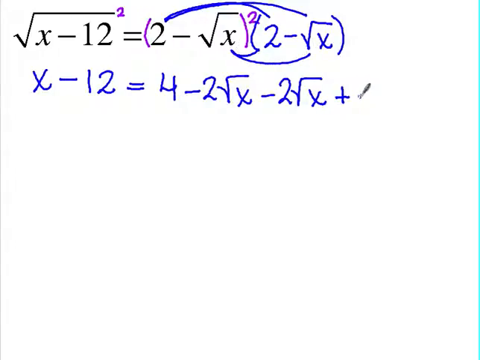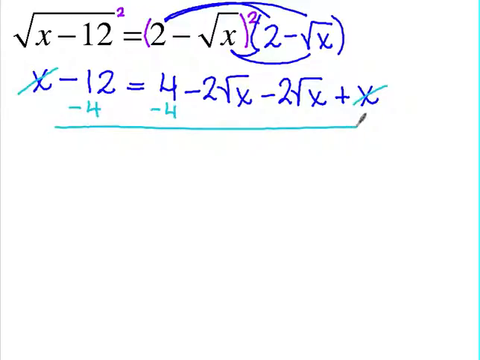Plus square root of x squared, which is just x. Now, if you've done this correctly, you should have your x's on each side and they'll cancel. So now what needs to happen is I need to get the numbers on one side. I'm going to prefer to move the numbers to the left. So I'm going to subtract 4.